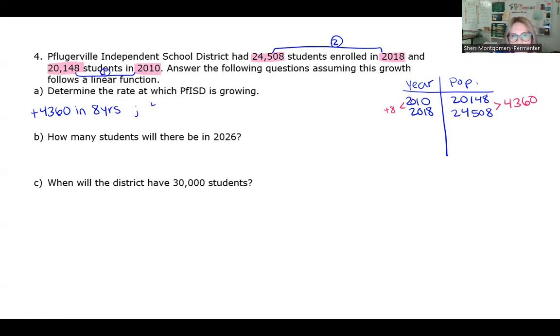To figure that out, I can take 4,360 divided by 8. So how much am I adding each year? 545.